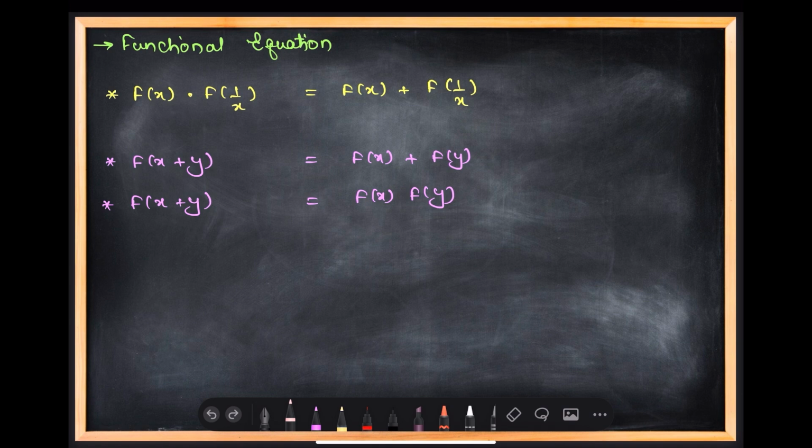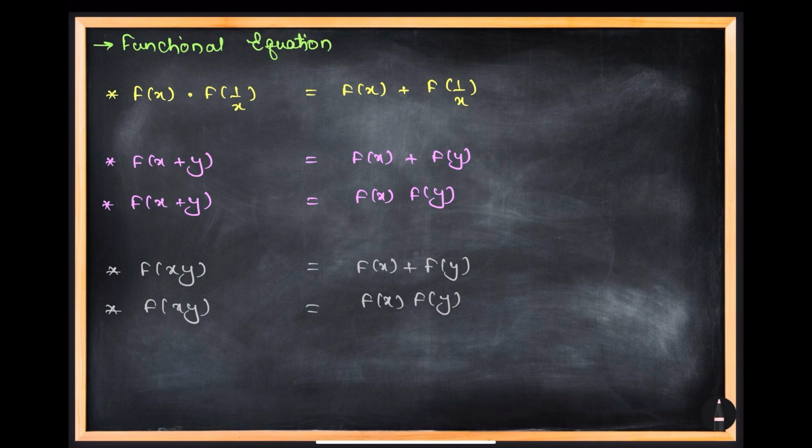So whenever you will see sum into sum, how you have to respond? Sum, product, how will you respond? And then we have two more sets: product, sum, product, product. So in these cases you have to respond.